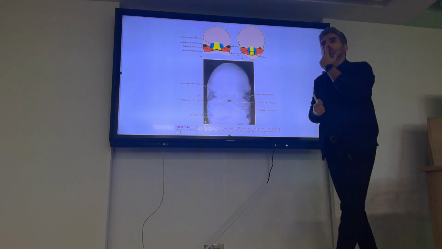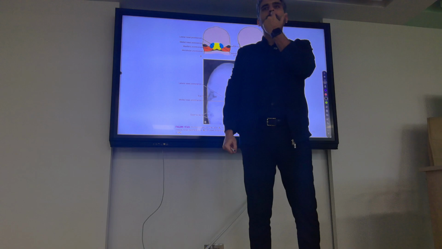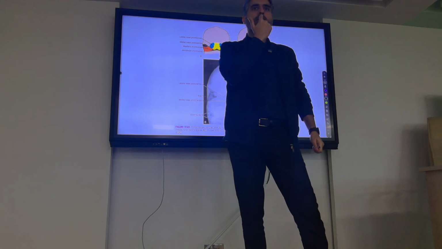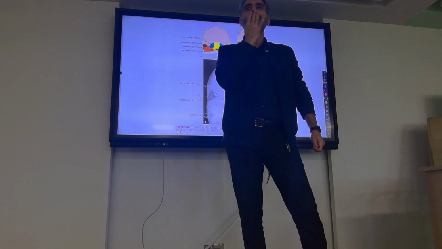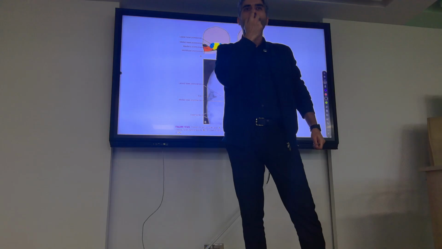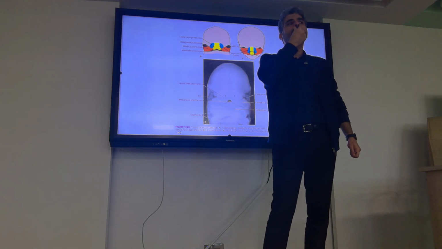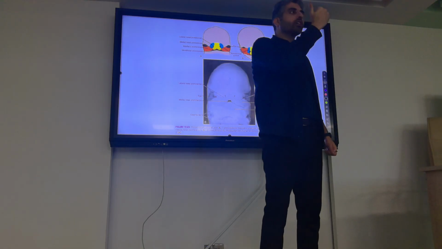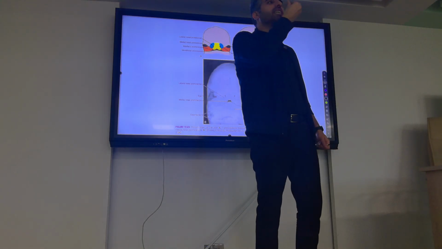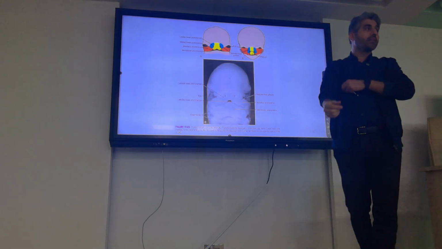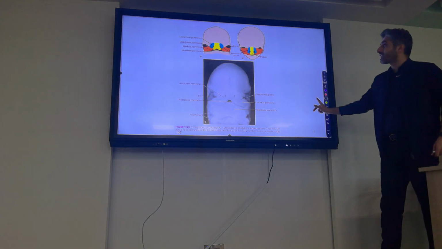The philtrum of the lip, and the four incisive teeth, and the primary hard palate. So everything in the midline here is made by the intermaxillary segment.